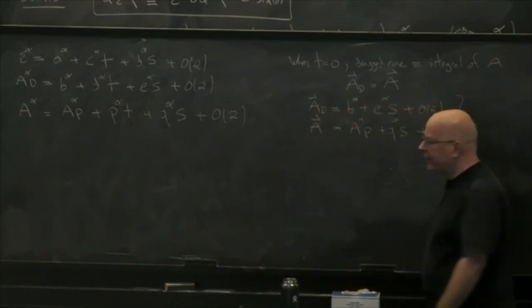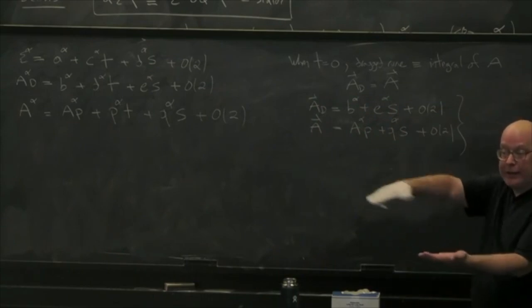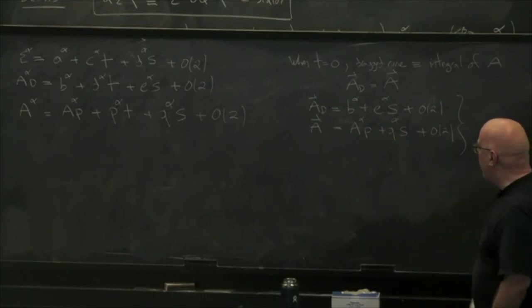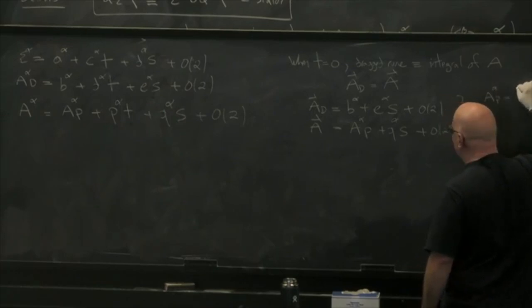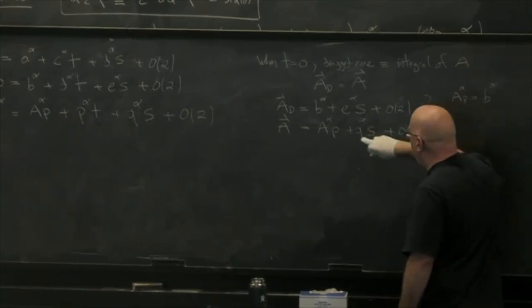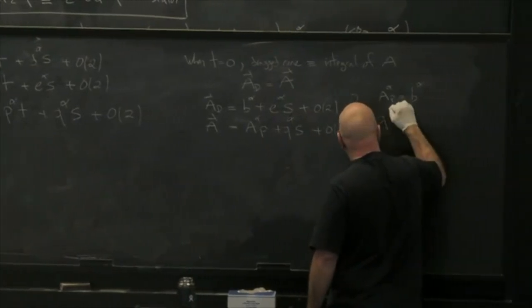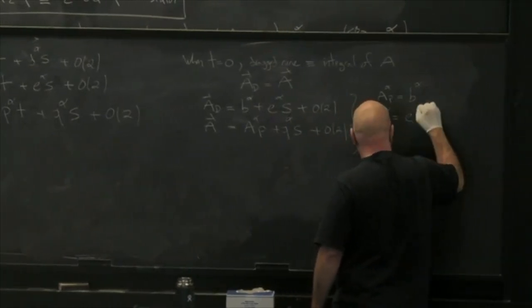And those two vectors have to agree everywhere on that integral curve. And that means that the value of the vector field at P is actually the same thing as B alpha. And it also means that Q alpha is equal to E alpha.